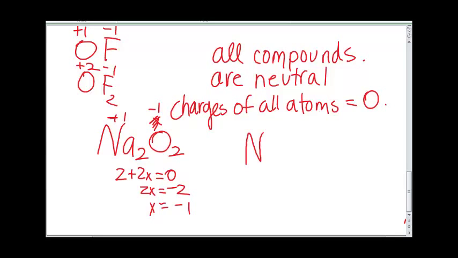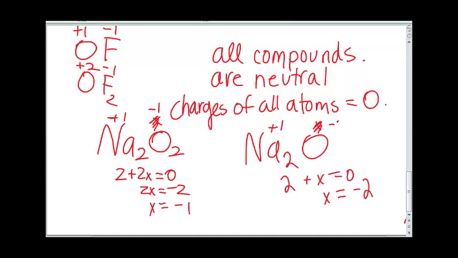But you could also have this compound, Na2O. Sodium's +1, there are 2 of them, and oxygen here, there's only 1 this time. So 2 times 1, plus x, has to equal 0. This time, x would have the normal oxidation state for oxygen, -2.